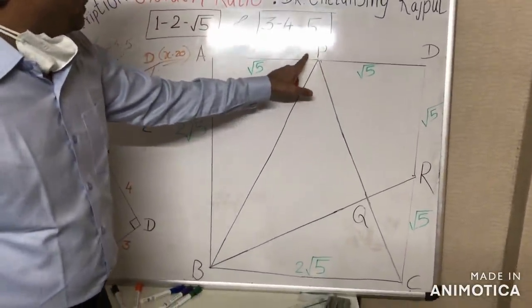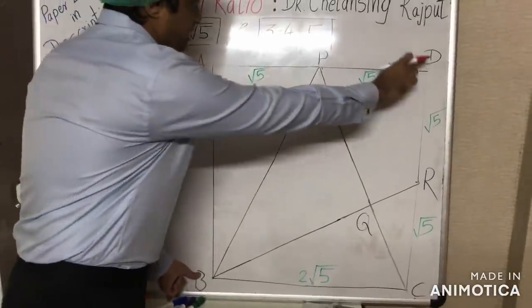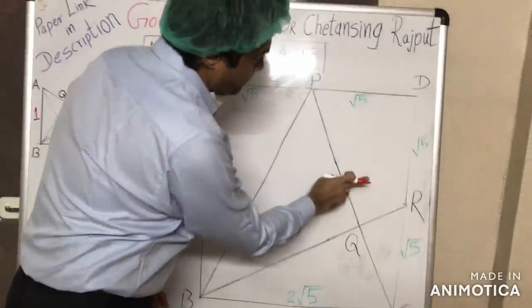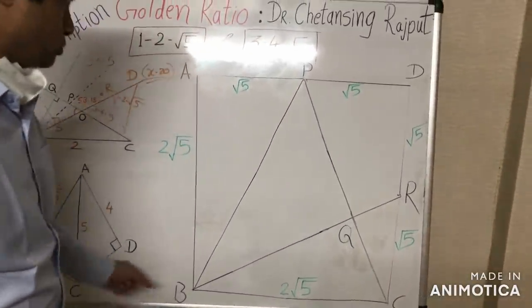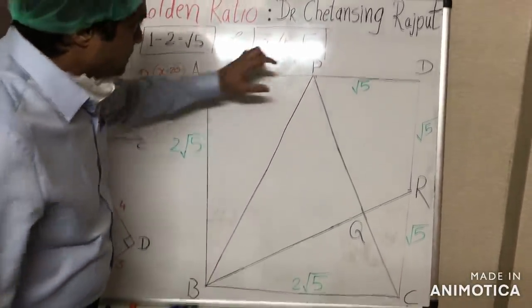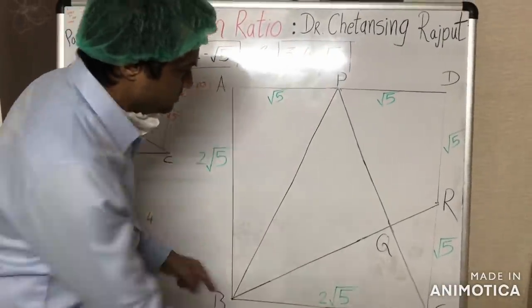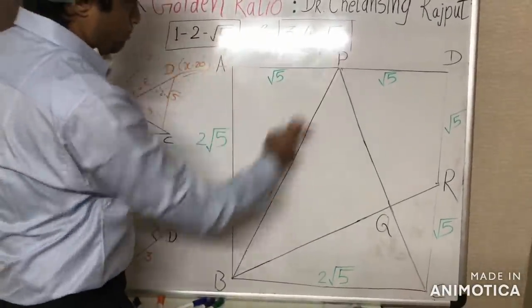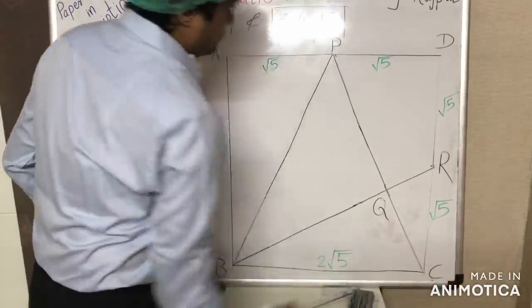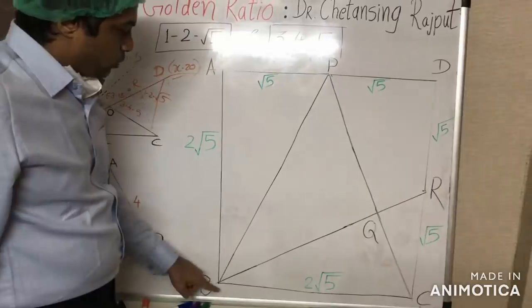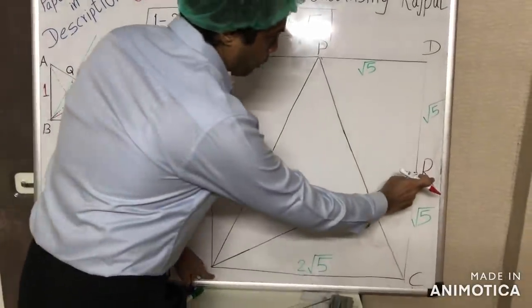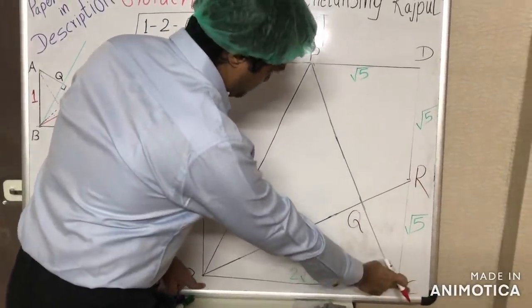P is the midpoint of side AD and R is the midpoint of side DC. Alright, so far so good. Now let's connect point P to vertices B and C, PB and PC, and we connect vertex B to point R, which is the midpoint of DC.